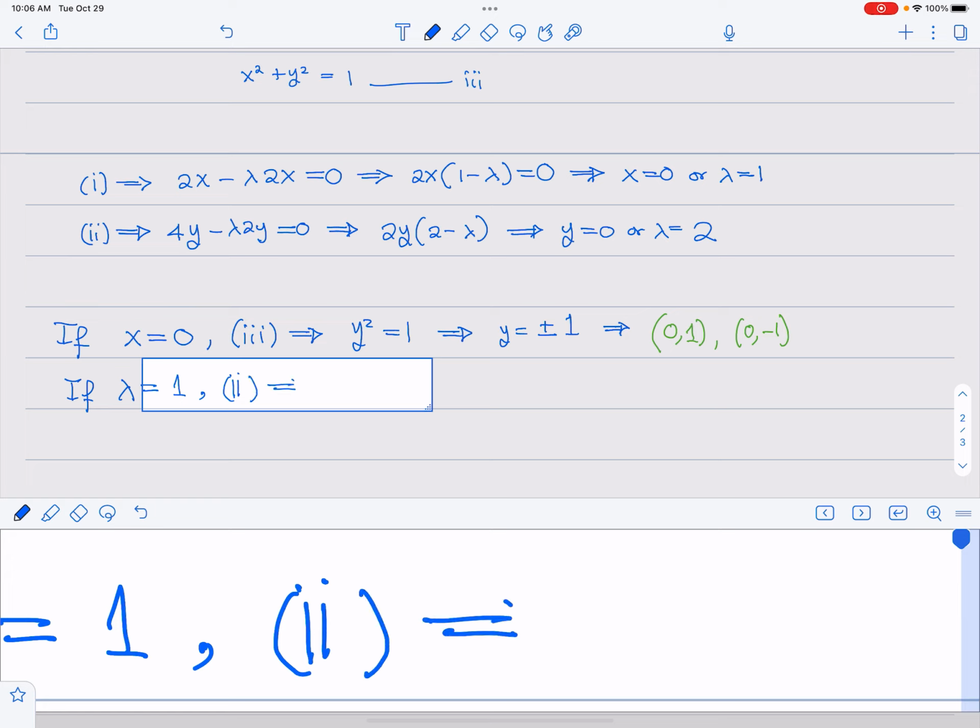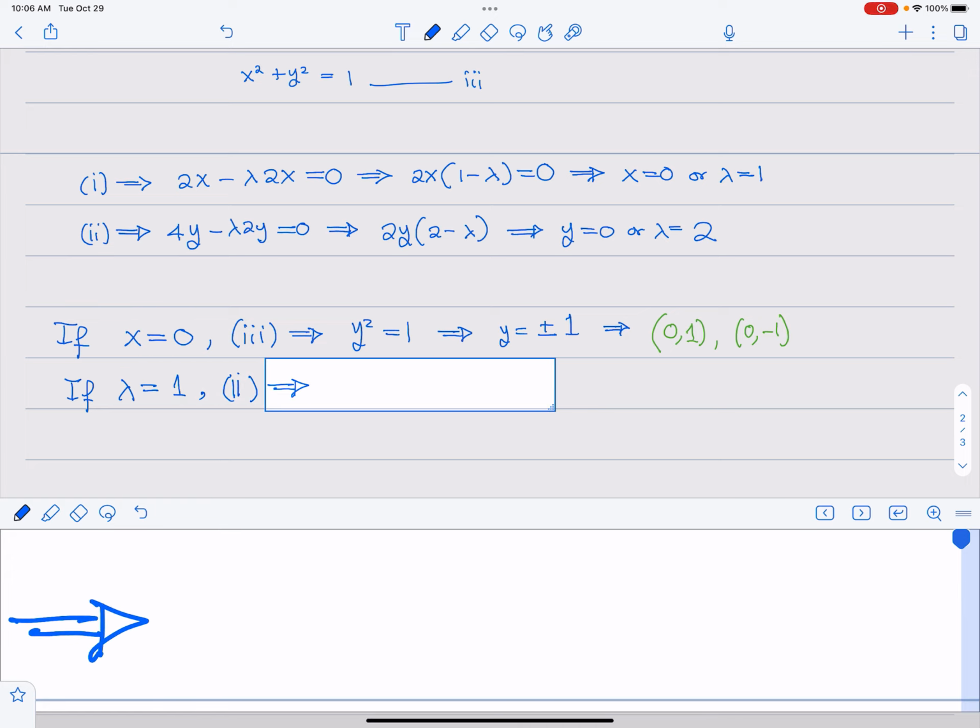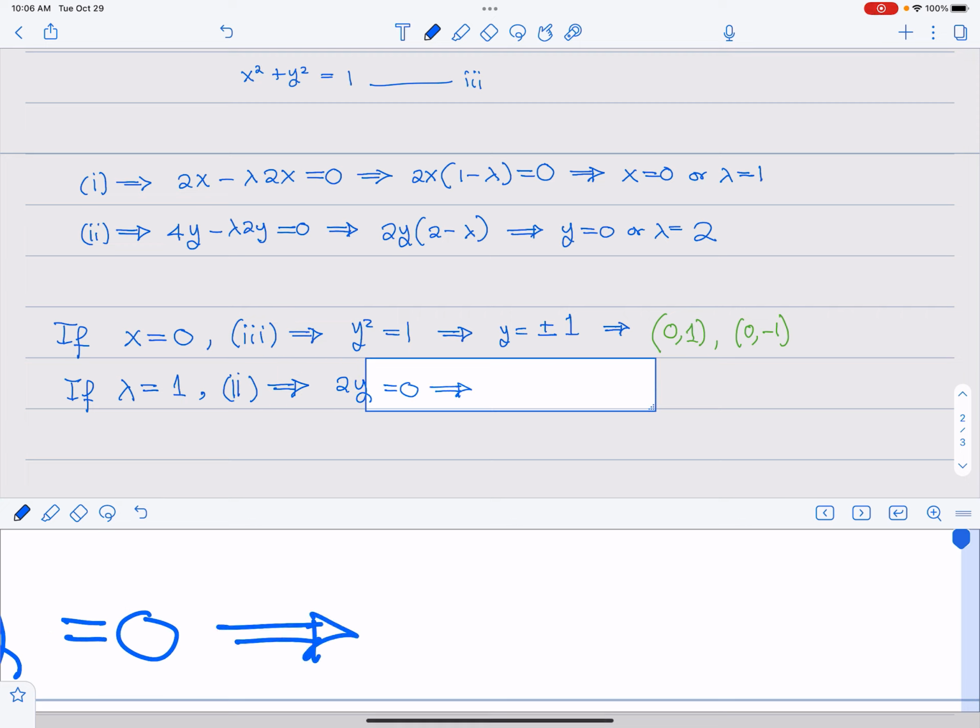Equation 2 gives us that 2y, if lambda is equal to 1, so I have 2y is equal to 0, this implies that y is 0.